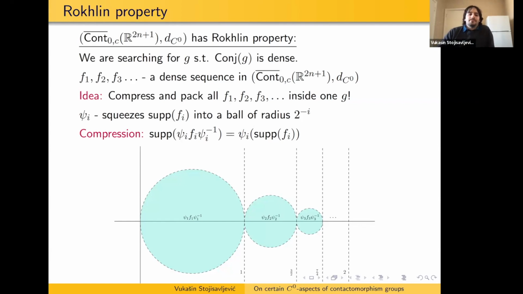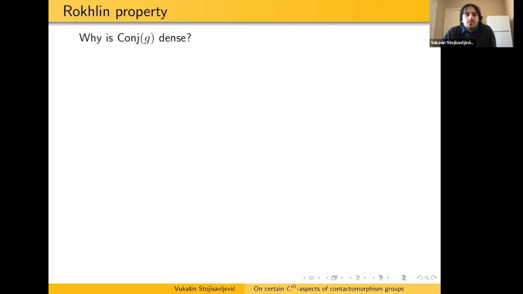Somehow we packed all of them into one map, and now I'm claiming this map has a dense conjugacy class. To see this, first we pick one f_i, and we single it out by conjugating.